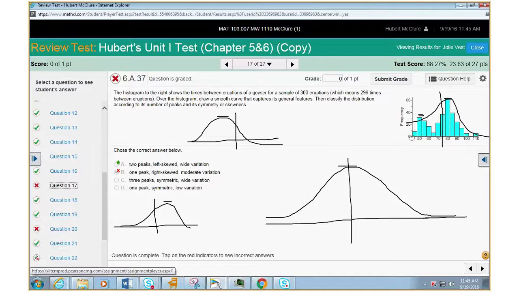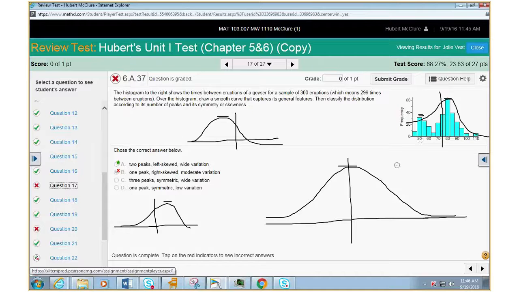Because 40 to 100 is 60, half of 60 is 30, so 40 plus 30 is 70, 75 is somewhere around here is center. So what is this one? Well, you got 2 peaks, a small peak and a large peak, and it looks a little bit skewed what? Left, because your data is a little bit to the right.